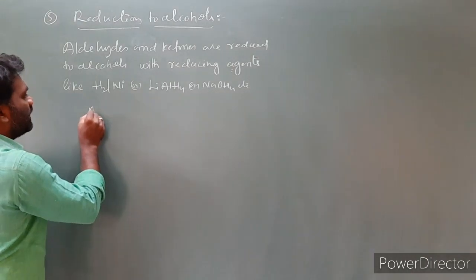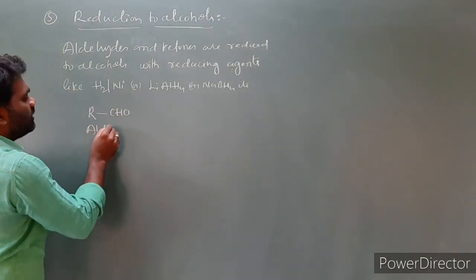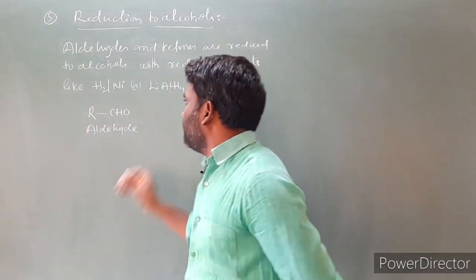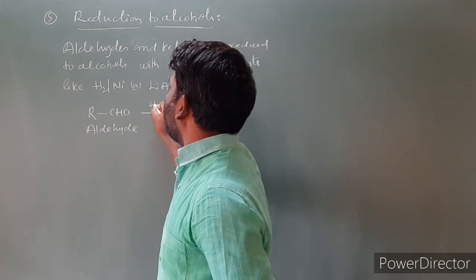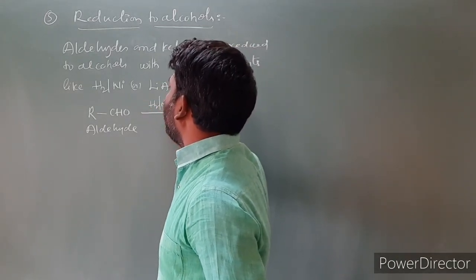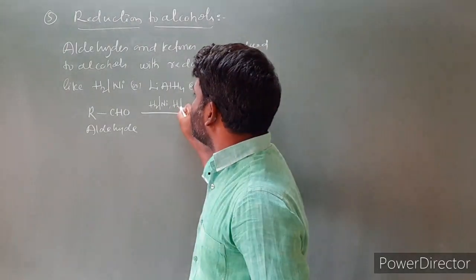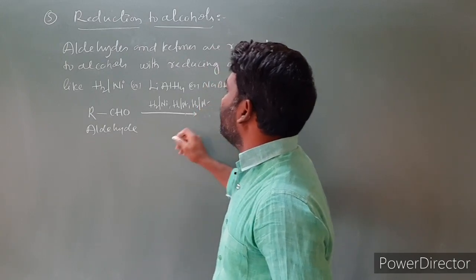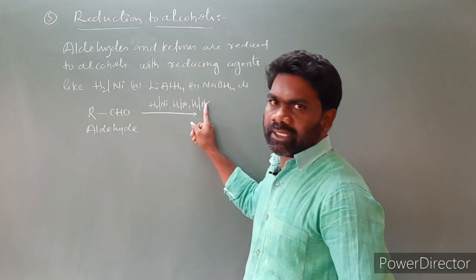I am taking an aldehyde, general representation RCHO. Aldehydes are treated with reducing agents like H2 by Ni, or H2 by Pd, or H2 by Pt, that is nickel, palladium, platinum.